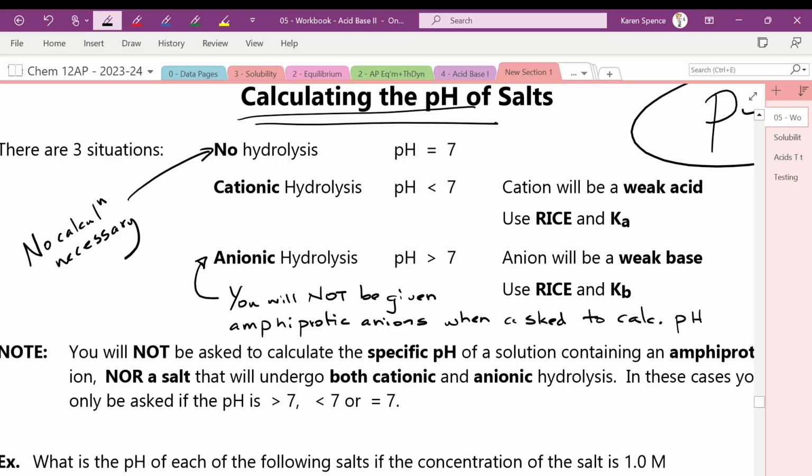You will also not be given both a cation that hydrolyzes and an anion that hydrolyzes, because otherwise, again, you would be doing 2 RICE tables, right? And nobody wants that. That's just crazy talk.